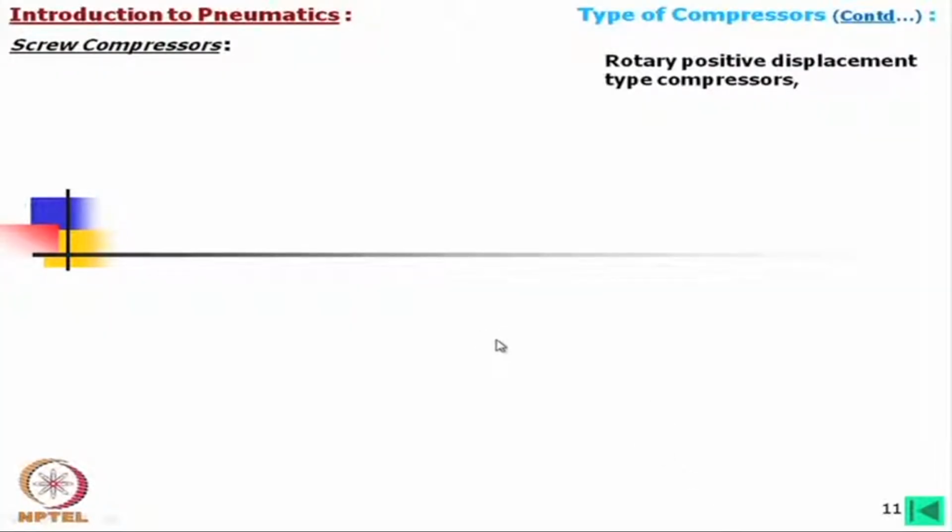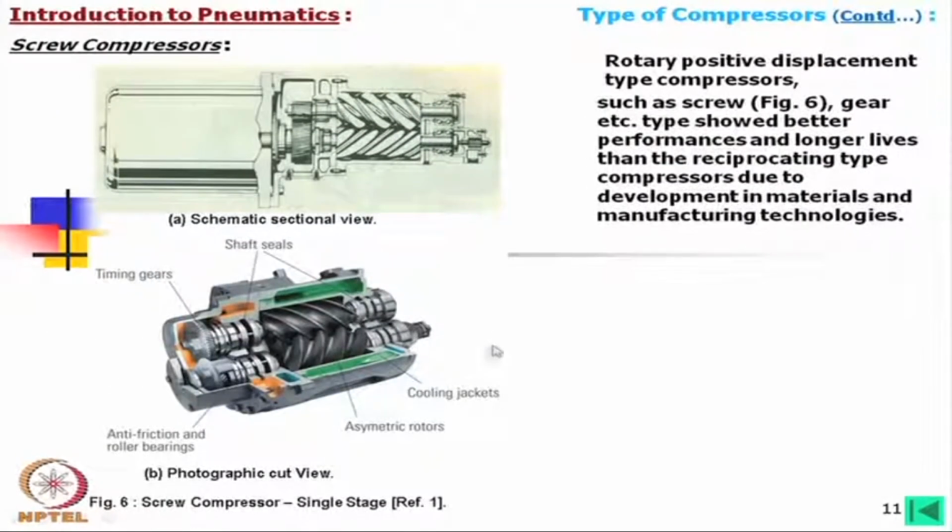Now, we shall consider another type of compressor which is called screw compressor. This is rotary positive displacement, like a hydraulic screw pump.